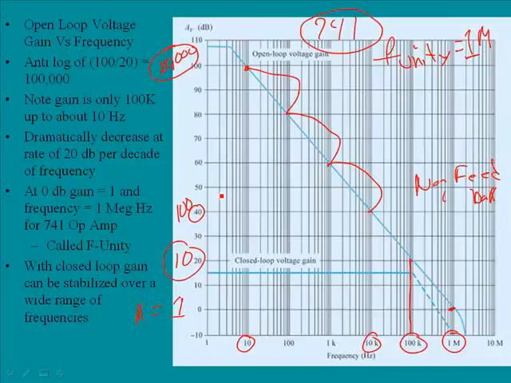And this is usually what you will see in op-amp behavior: the amplitude and the frequency will be separated by 20 dB per decade.